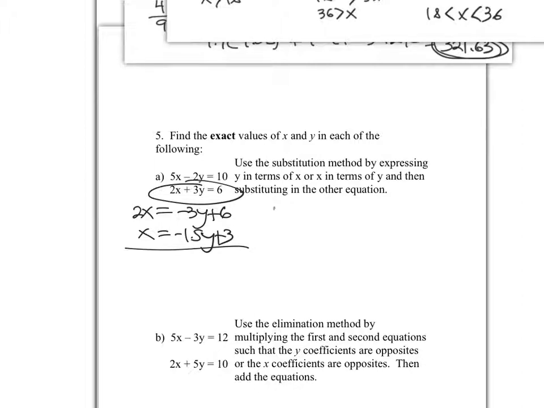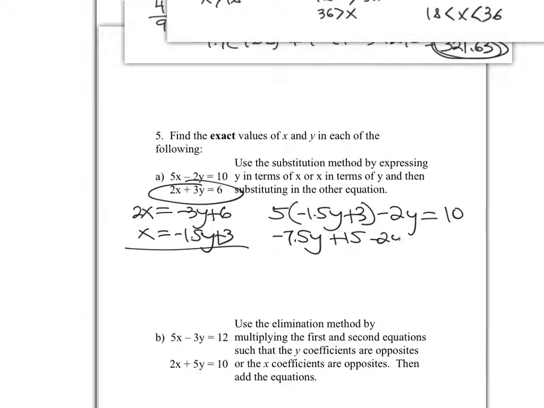We'll say that 5x, but we'll replace x now with negative 1.5y plus 3 minus 2y is equal to 10. That's going to give us negative 7.5y plus 15 minus 2y is equal to 10.